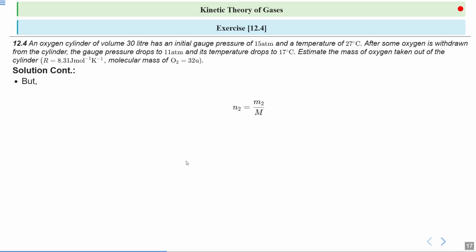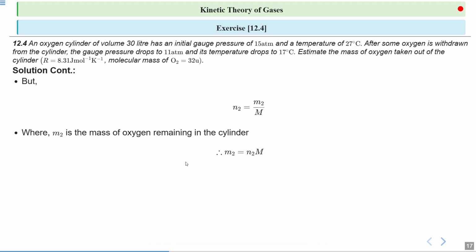To find the oxygen remaining, we start by expressing the number of moles N2 in terms of mass and molar mass. Here N2 equals the mass of remaining oxygen divided by its molar mass M. Now let's clarify that M2 represents the mass of oxygen that remains in the cylinder after some has been withdrawn.